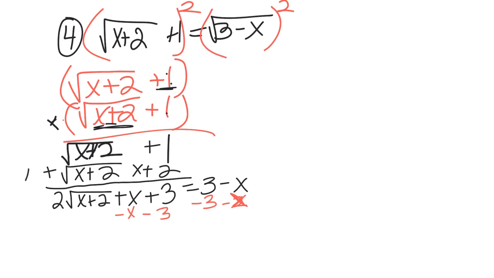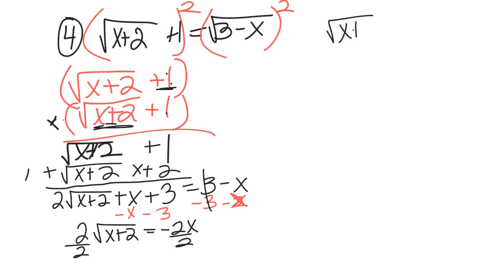So we have 2 square root of x plus 2 equals 3 minus 3 is 0, negative 2x. Then we can get the square root by itself, divide by 2, and I'm coming up to the other side. Square root of x plus 2 equals negative x.